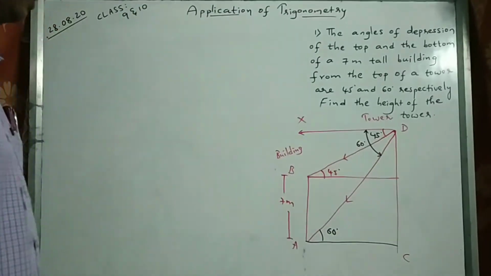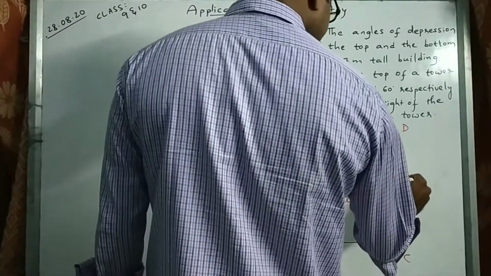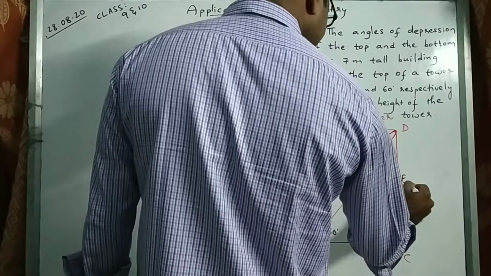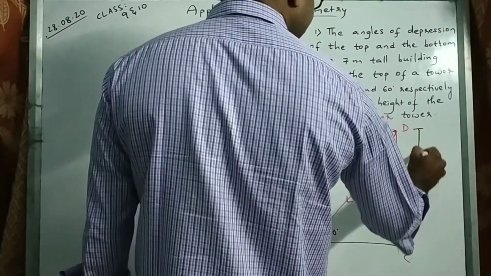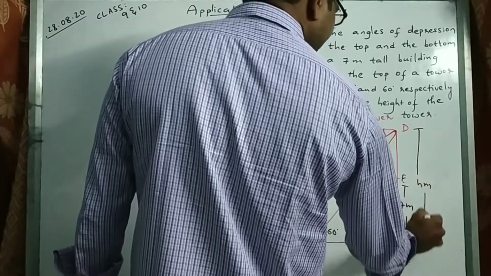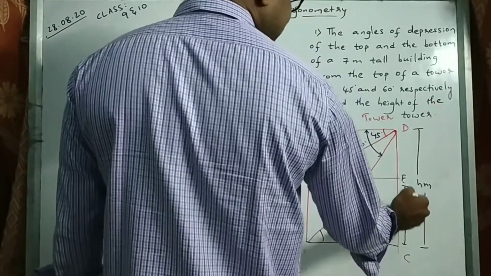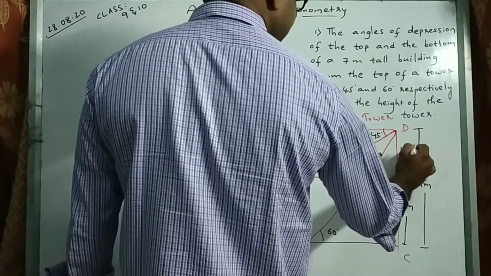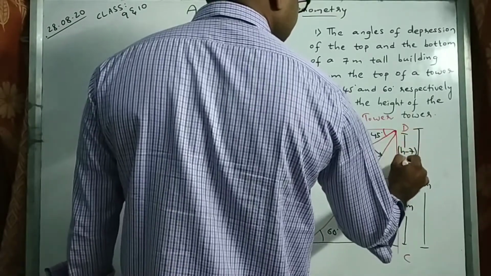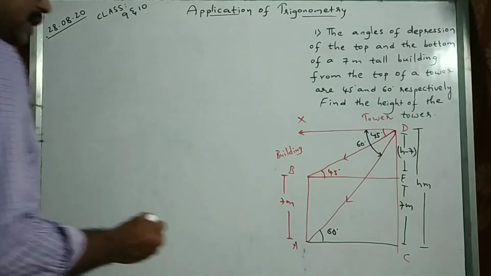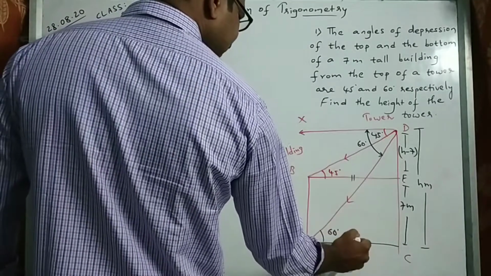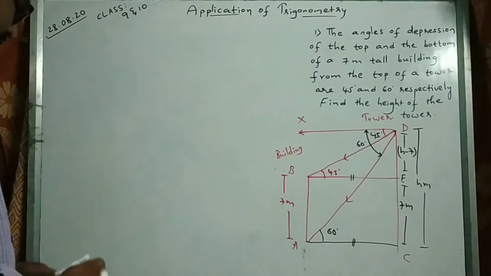It's very, very important, right? This is BE. If this is 7, then this is also 7. The height of the tower I am going to find, let it be h meters. Total h and this is 7, then this will be h minus 7. So these two distances are equal as I told you from the figure.